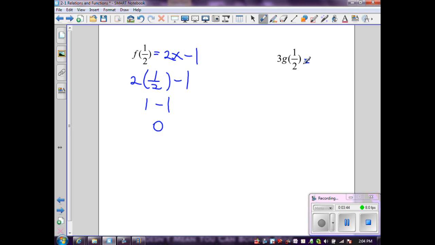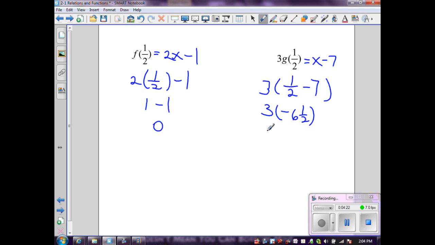G of 1/2. Remember, the g function is x minus 7. Substituting, I'm going to substitute 1/2 into all variables in the function. Therefore, this is going to be 1/2 minus 7. 3 is multiplying that function, so I'm going to multiply by 3. Simplifying inside the parentheses, 1/2 minus 7 is going to give me a negative 6.5.